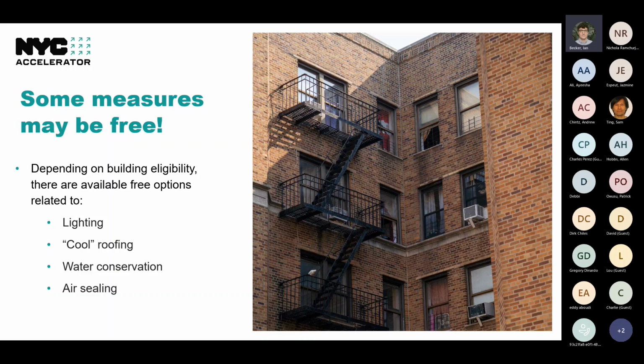So when you're connected with an account manager through our program, they can help you determine your building's eligibility for all of the programs that we work with. These free options may include or be related to lighting, cool roofing, water conservation, or air sealing. So that's one benefit of using our program: we will make sure that we're getting you all of the incentives at the lowest cost that we can.